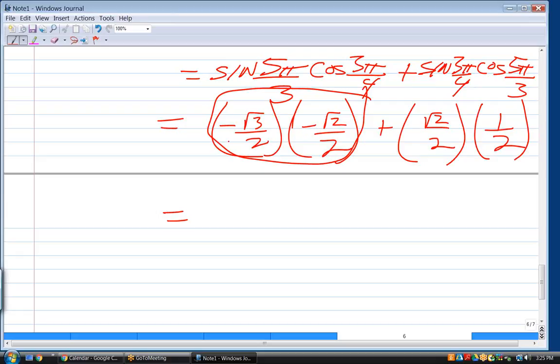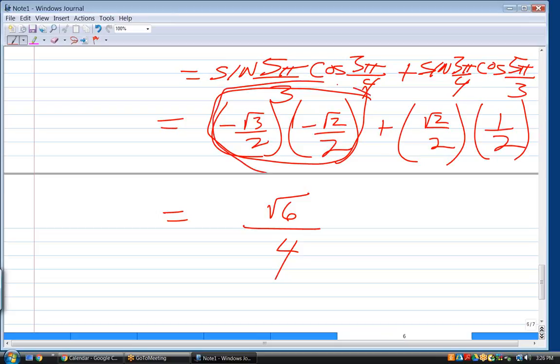But that's why I put parentheses around them, so that we couldn't make that mistake. So multiply everything, what do you get? Square root times the square root makes it. So then it would be 6 over 2. Correct. 6 over 4. Remember, we have to multiply denominators also. And negative times negative is positive.